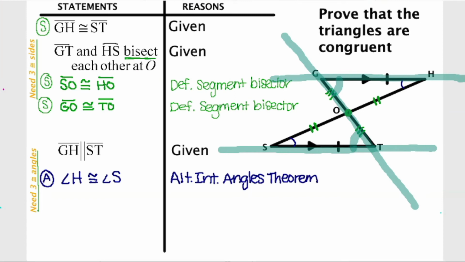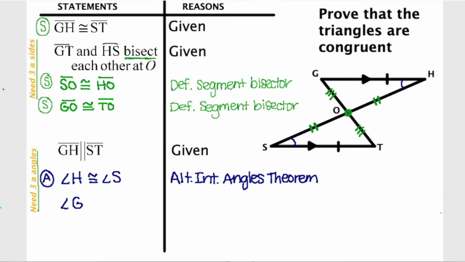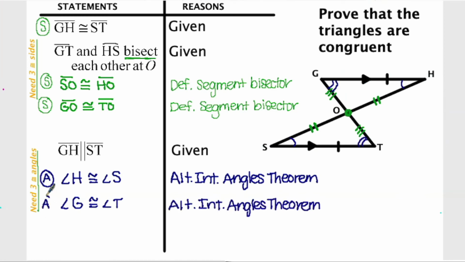I know I was talking about Z's making alternate interiors, but this is sort of a backward Z. Can you see it? So even backward Z's, we can consider those alternate interiors. So I could say angle G and angle T are alternate interior. Again, that only works because I was given those parallel lines. Now we have another set of corresponding angles congruent.